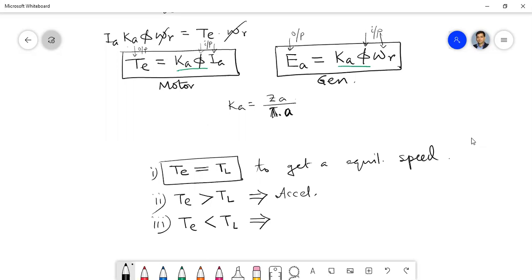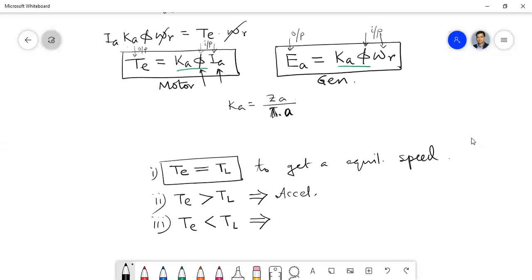The electromagnetic torque, TE, is called electromagnetic torque because we are getting it electromagnetically, by interaction of flux, which is magnetic, and current, which is electrical.